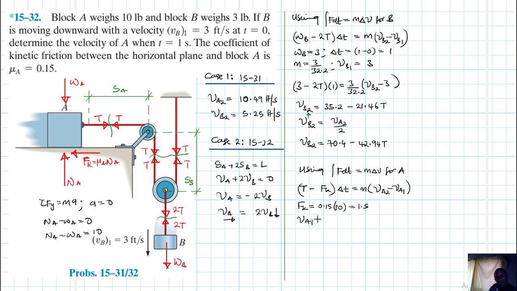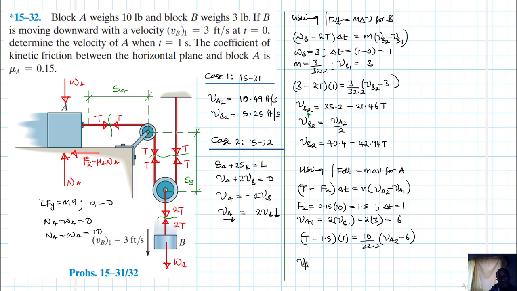Then we have VA1, which is just equal to 2 times VB1. This is equal to 2 times 3, and this is just equal to 6. So we have T minus 1.5, and our delta T here also is equal to 1, times 1, equals 10 divided by 32.2 times VA2 minus 6.